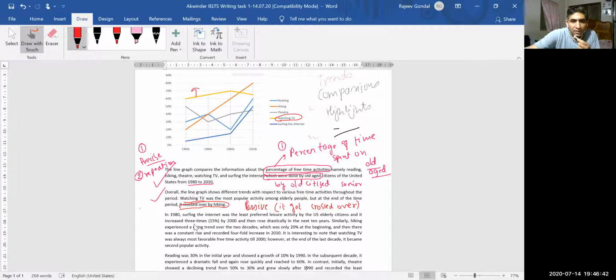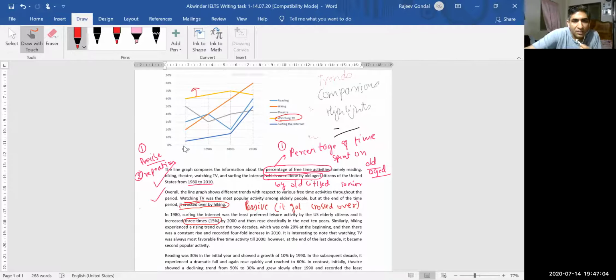And it increased three times 15%. Now, what do you mean by this? See, there is no need to say it like this. What you can say is it increased three times. It increased three times by 2000.